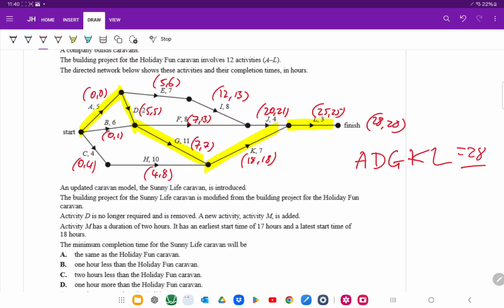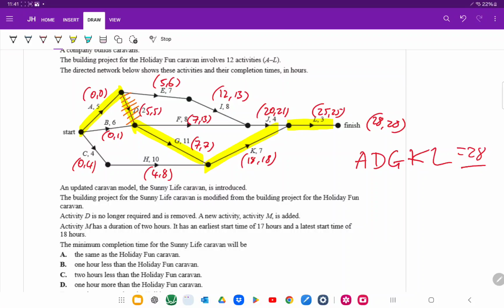Now, if we look at the second part of the question, it says activity M has a duration of 2 hours. And also, more importantly, activity D is no longer required. So, in fact, this path is gone. Now it says it has an earlier start time of 17 and a later start time of 18 hours.